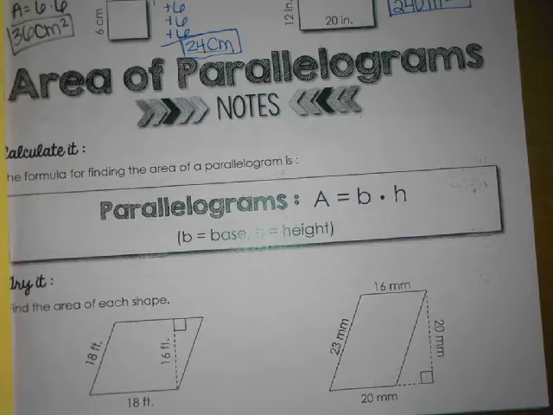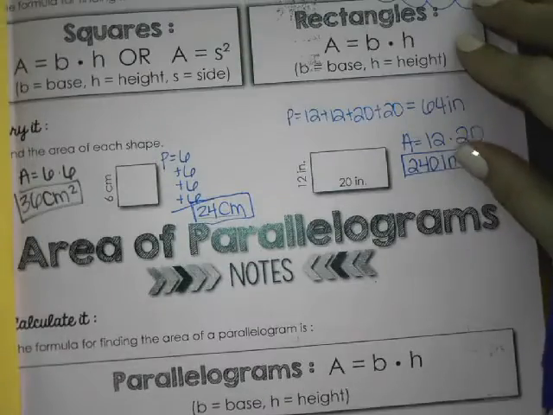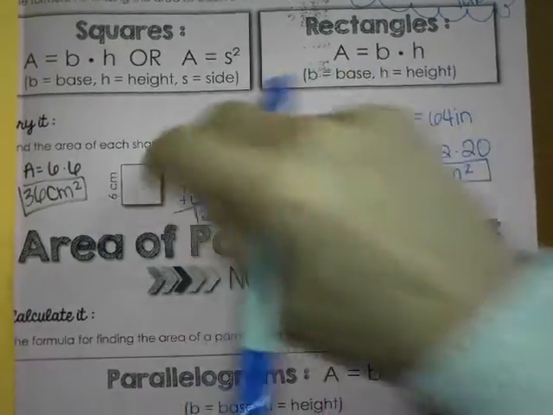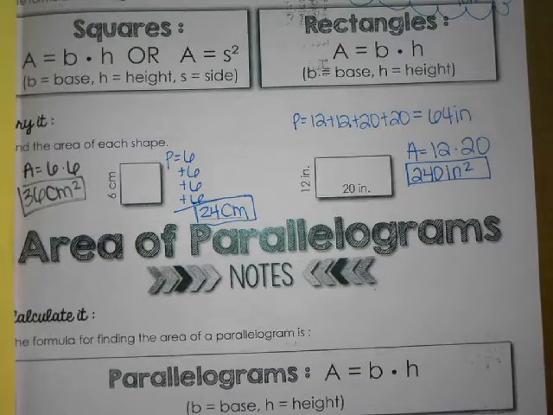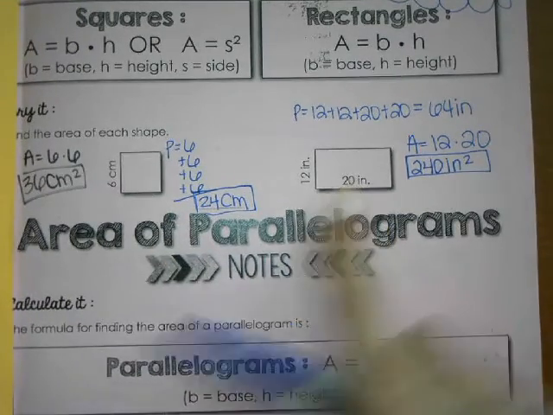Okay, because a square and a rectangle have to have a what? Square and a rectangle have to have something very specific in order to be a square and a rectangle. A right angle. So in order to have a square and a rectangle, they have to have right angles.